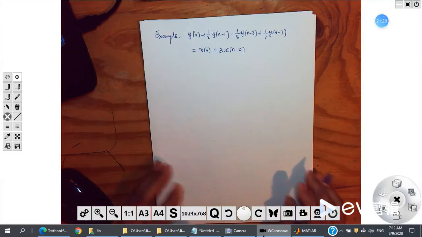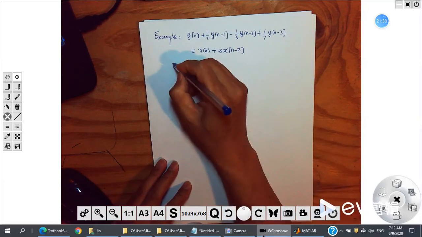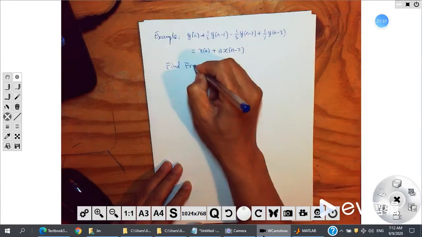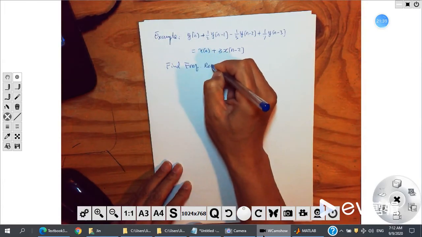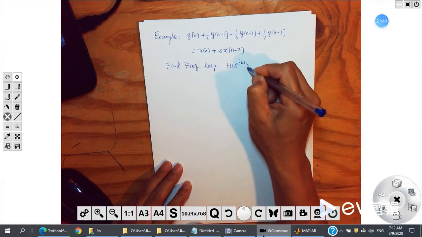Now, what is the frequency response? Find the frequency response H of e to the j omega. Alright, what is it?